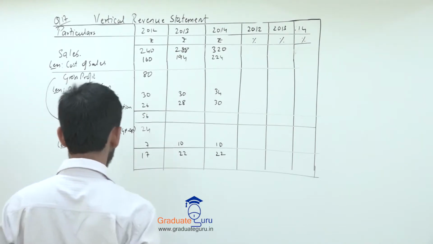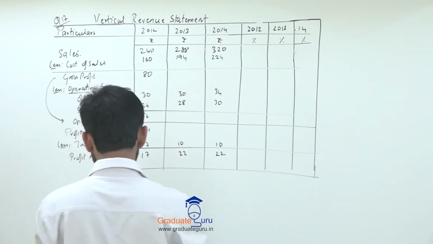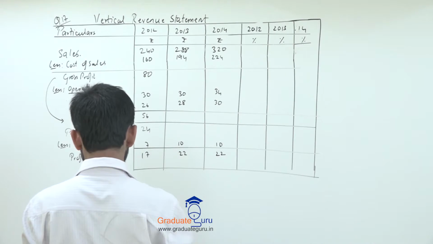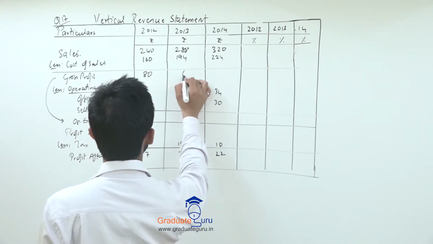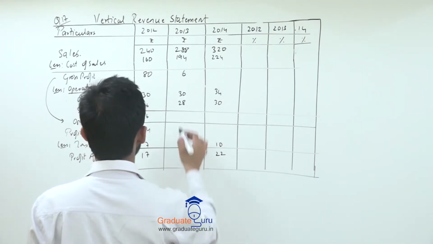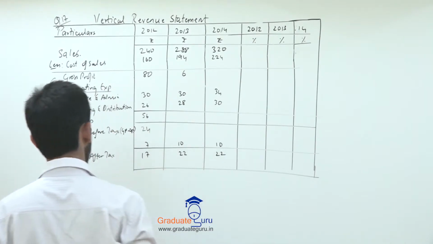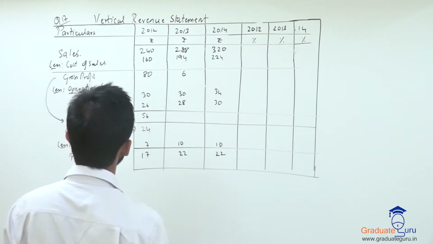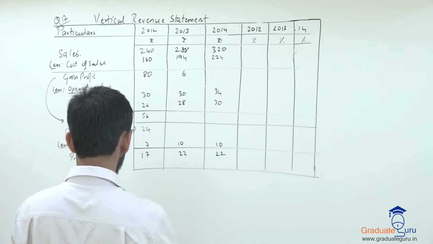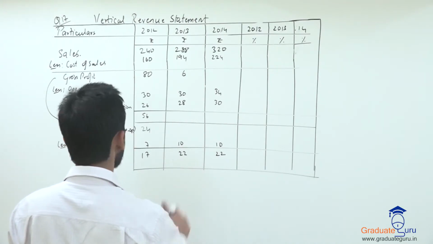It does tally, it has to. Okay, 288 minus 194 will give you 94.